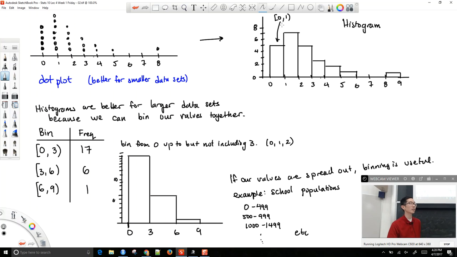If it's a decimal value, then that's everything from 0 to 0.999. But when you only have whole number answers, 0 up to and not including 1 is just the value 0. Sometimes you might feel like you should make the bar centered at 0, but that's not what we do. We draw a bar that starts at 0 and goes up to, but not including 1. So that's what we have there.